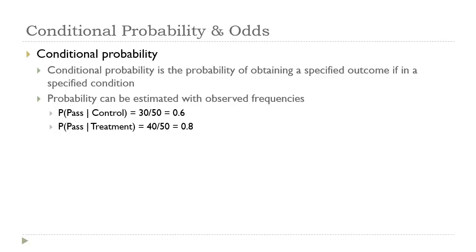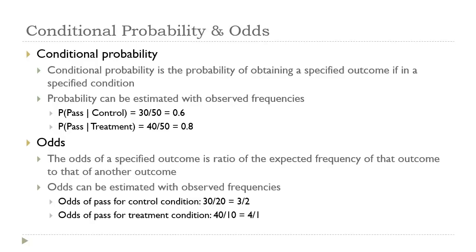The notation here is read as the probability of pass conditioned on the control. Similarly, the probability of pass conditioned on the treatment is 40 out of 50. Of the 50 individuals in the treatment, 40 of them passed. So we get 0.8 or 80%.